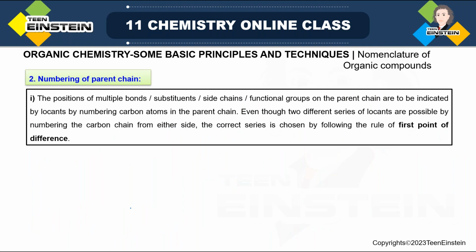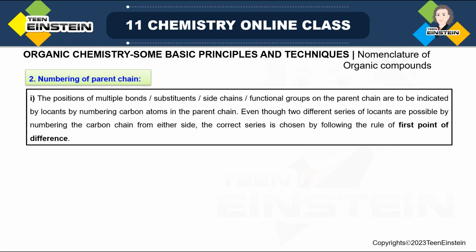Next we will start numbering of the parent chain. Now we know all the rules based on which we can choose the parent chain, or the chain that you will actually number. Once you have done that, next you have to understand how to number the parent chain, because you can number the parent chain in different ways, right?